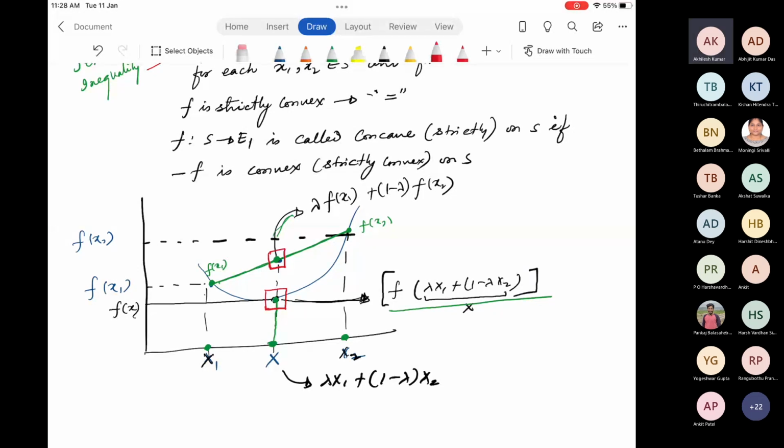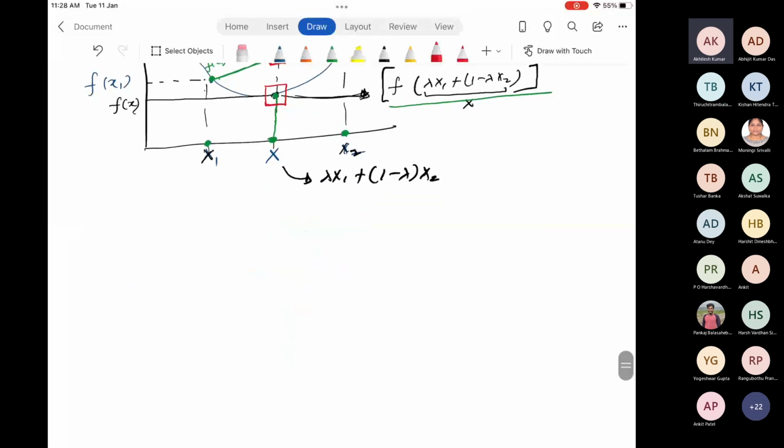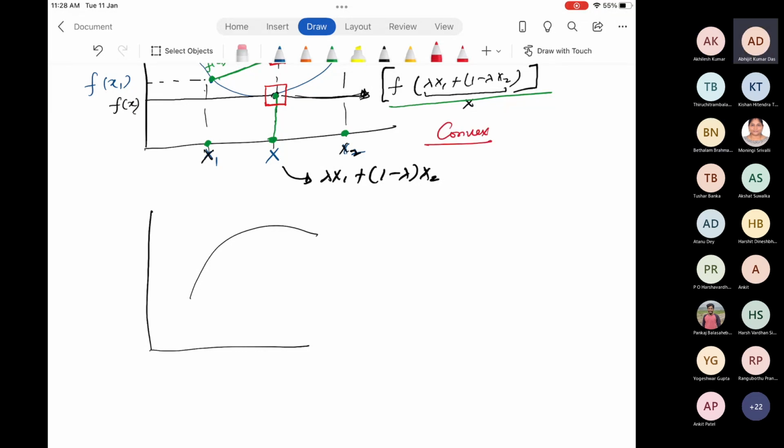So if there are no questions, then we will just draw one more curve. Maybe two. Is it a convex function? No, sir.